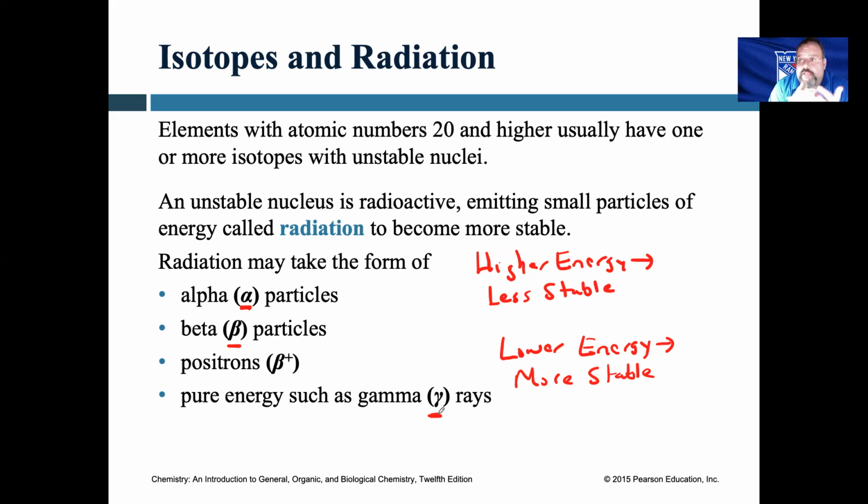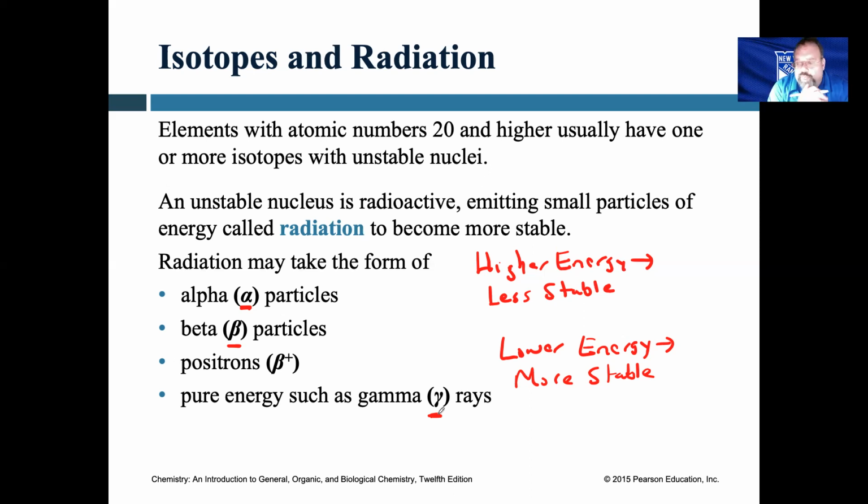Each time these radiation forms are released, an unstable nucleus becomes lower in energy and more stable. But for the first three, alpha particles, beta particles, and positrons, an actual change takes place in the number of protons. So the identity of the element is going to change, because remember, elements are identified by the number of protons they consist of.